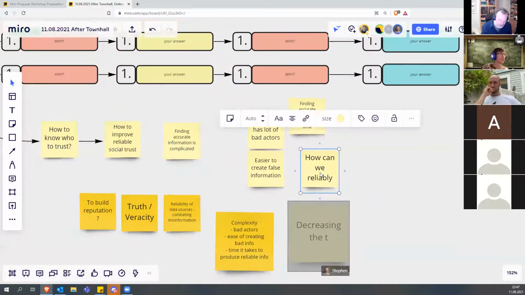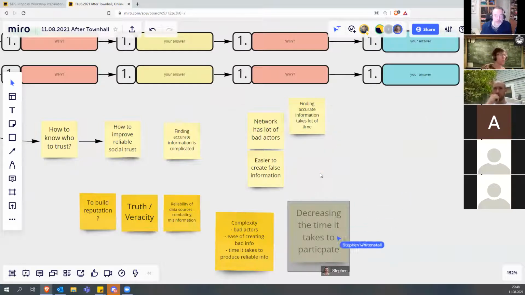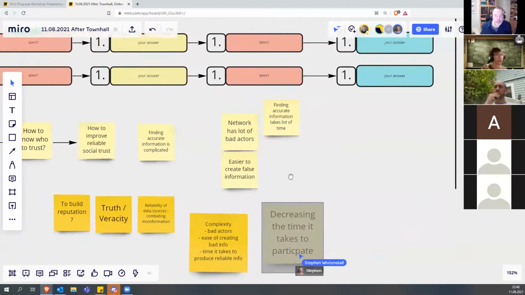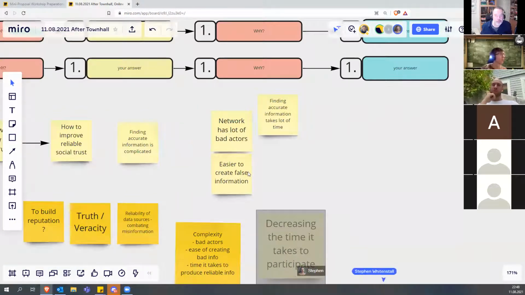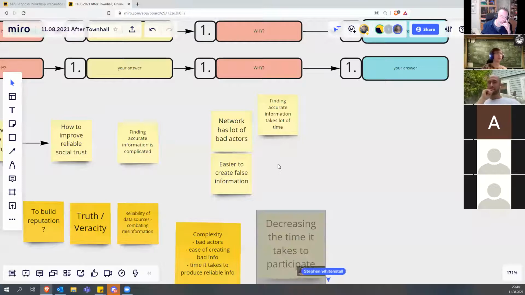I'll try as well. But that's a question, and we need to turn it into a problem statement, so it has to have that language. Yeah, that's a nice one. When you say problem statement, you're saying just stating the problem and not the solution? No, it only states the problem.